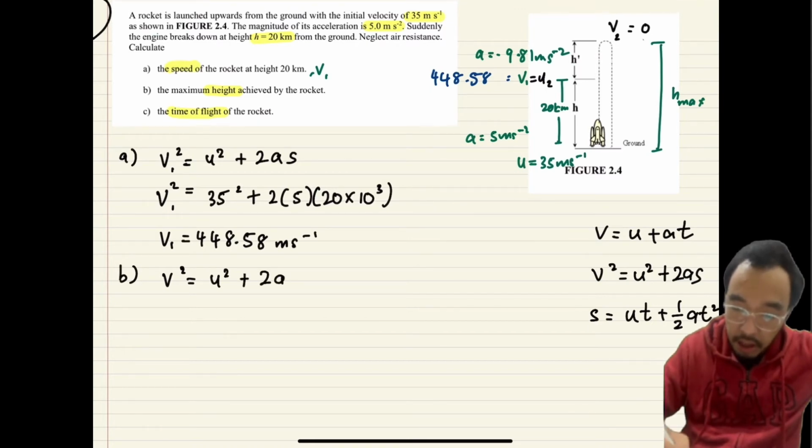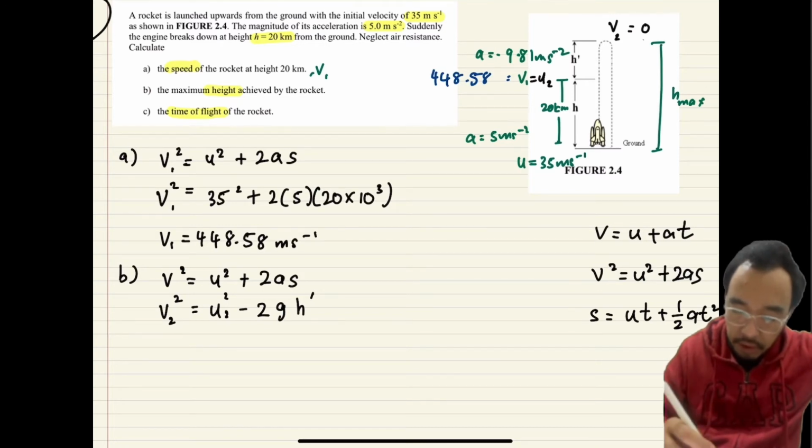So I'm gonna replace this one with the symbols that we use. So this is your V2, which is equals to 0. Okay, and this is your U2, which is 448.58. And because this is a free fall, I'm gonna replace this one with g and the s with the H prime. Okay, so this is just a change of the symbols.